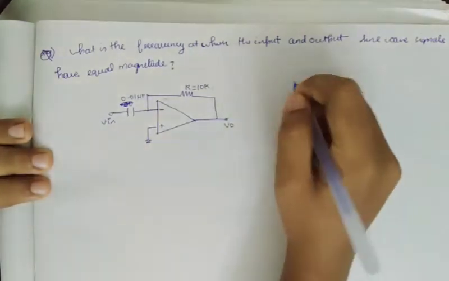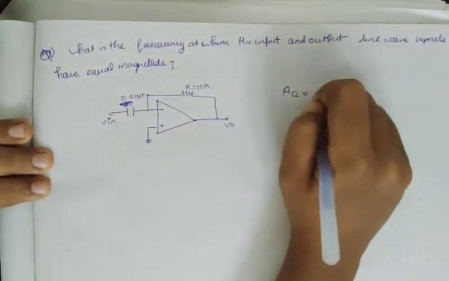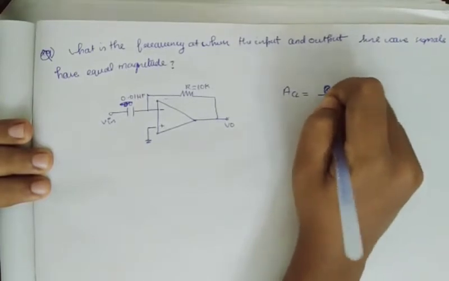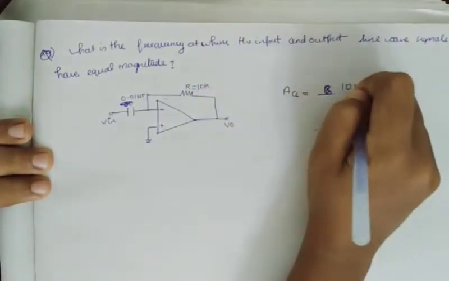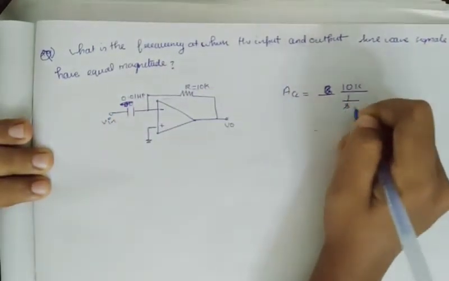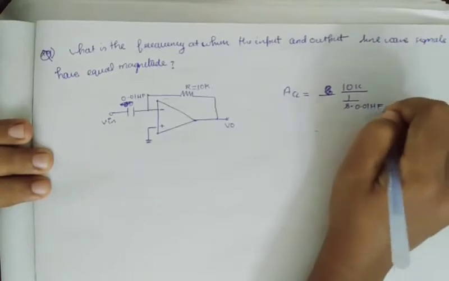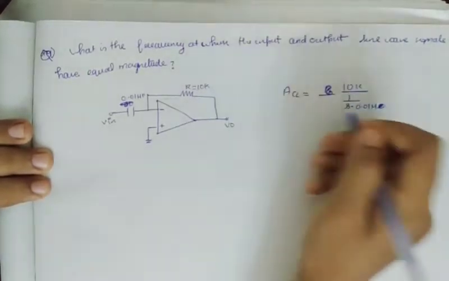This is an inverting amplifier. So the closed loop gain will be equal to RF divided by RI. RF is 10K, divided by RI, which is our capacitor, 1 by S into C, 0.01 microfarad.